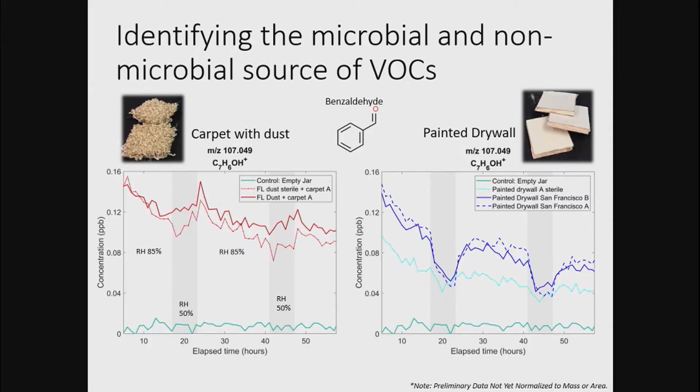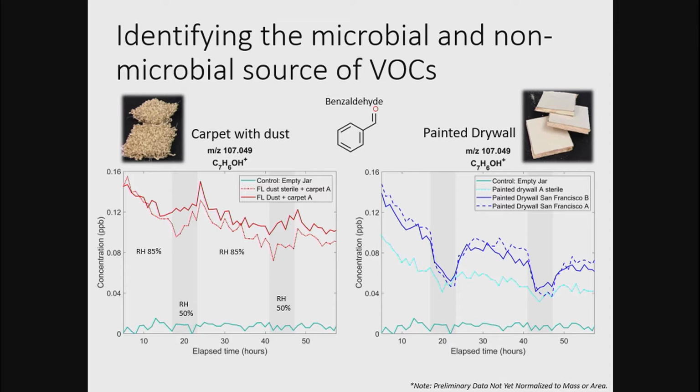And in each of these plots, the low relative humidity are in gray and the high relative humidity is in white. And I want to point out how these compounds respond, or not, to cycling relative humidity and how that may indicate a microbial or non-microbial source. So here we're looking at benzaldehyde, and on the left, the concentration of this compound is not responding to relative humidity. However, on painted drywall, it is.